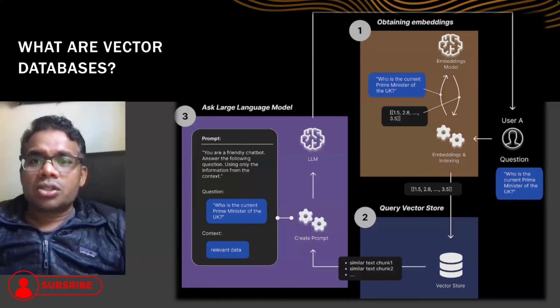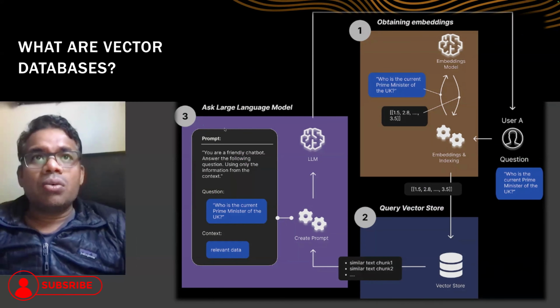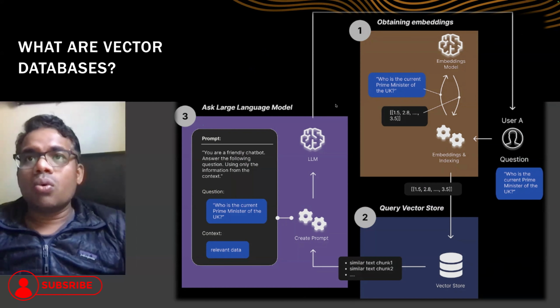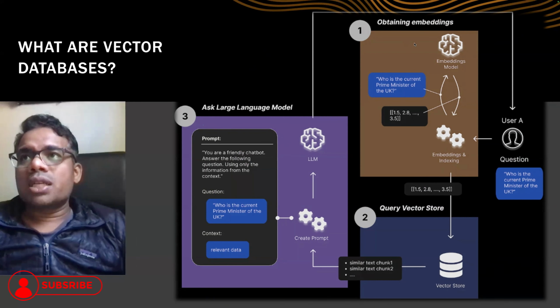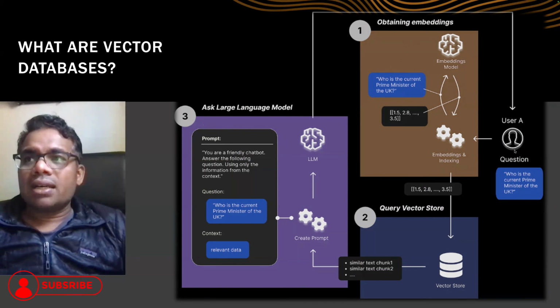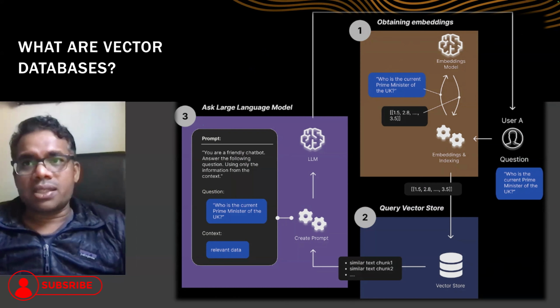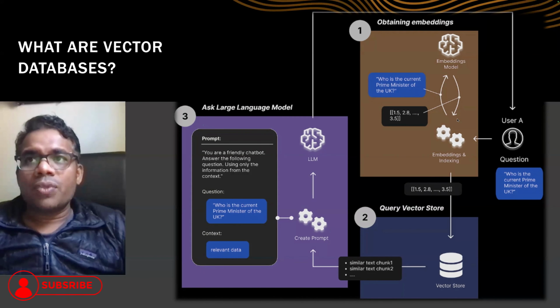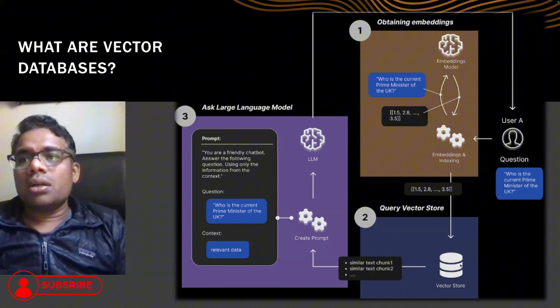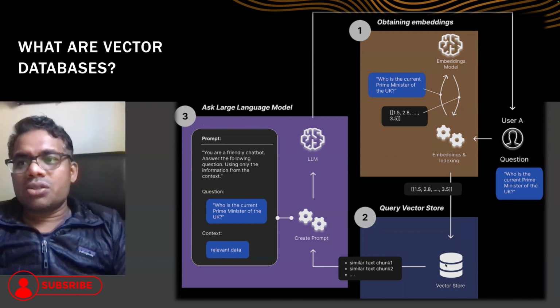Right? So now, if we think about how the vector database works behind the scenes. The first and foremost is that the user asks any question. The user's question is converted into numerical format. Once it is converted into numerical format, it will try to embed it into the data store, the vector store. So it will store here.